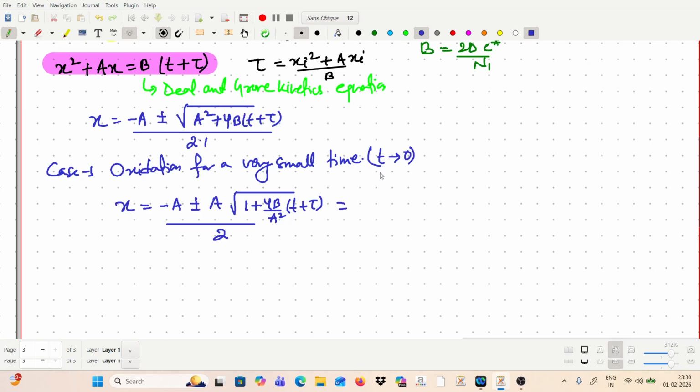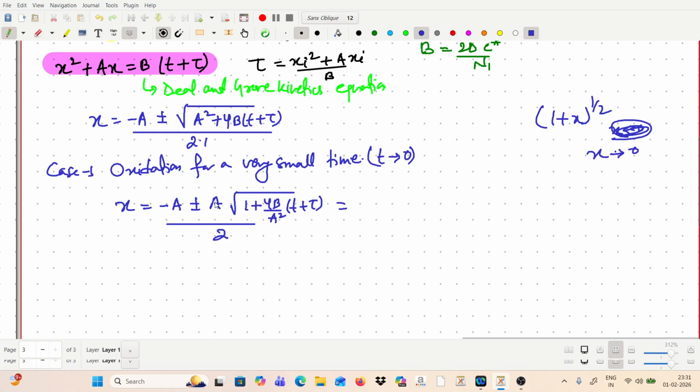And for t tends to 0, for very small thing, we have to just take the 1 plus x to the power 1 by 2, where x is very very less than 1, means x is nearly very small quantity tends to 0.